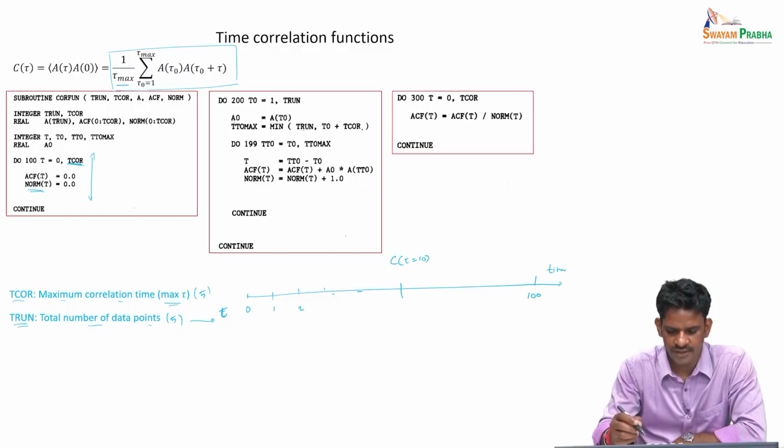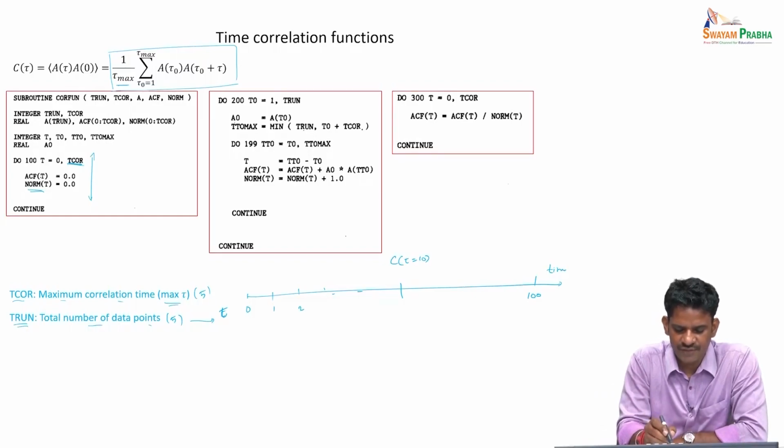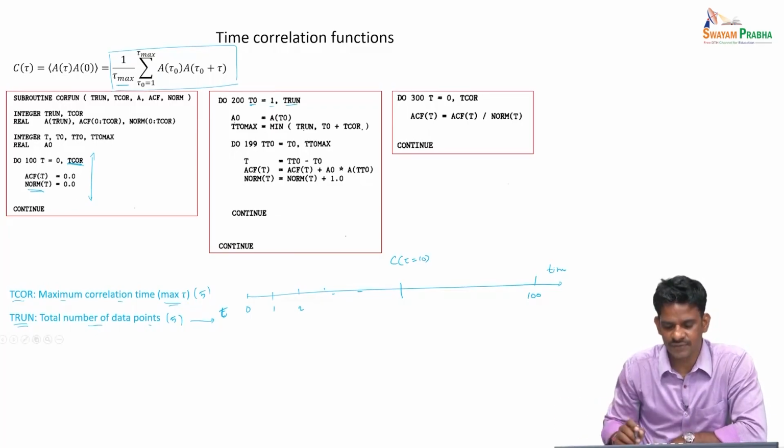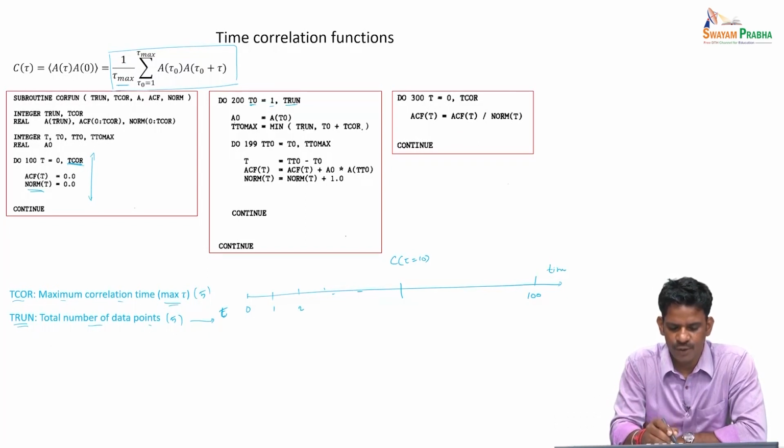And then if you look at this loop, what it does is, we first have an index for the data set, t naught, which starts at 1 and goes all the way to t run. So remember, t run is the total number of time points, the total number of data sets that we have. Then we take the value of A at the first time point, and then we go to another loop in which the starting time is t naught itself, and it goes to the maximum number of data sets that you have.